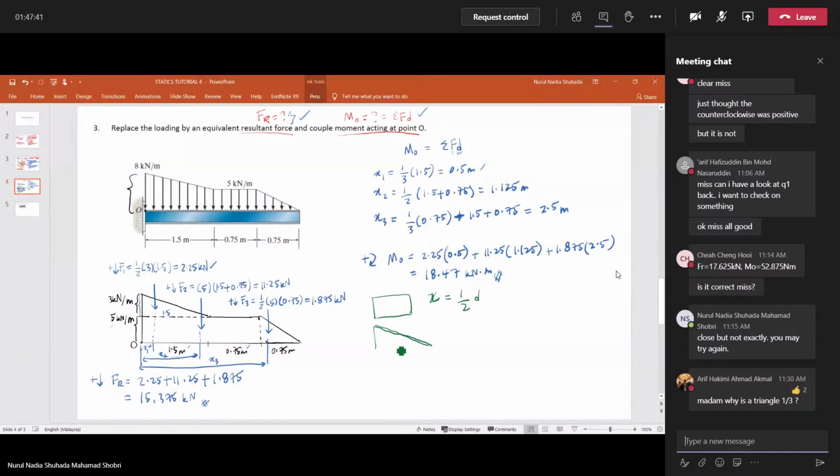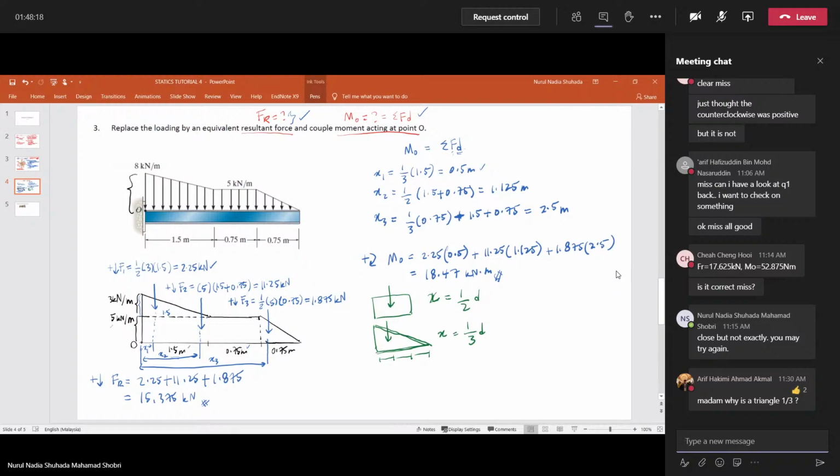For a rectangle it is 1/2 because the force will be at the center here, so that's why it's 1/2. For the triangle, because of the shape of the triangle, the position of the force would be here, which is 1/3 of the total length of the triangle. So that's why for the triangle it is 1/3 times d.